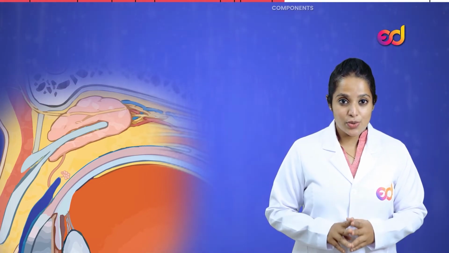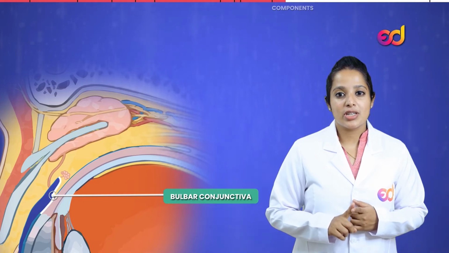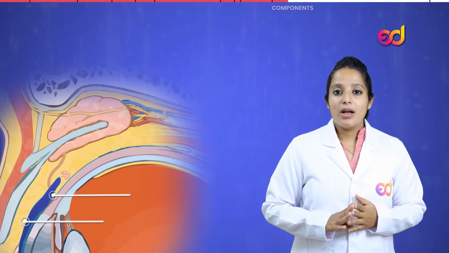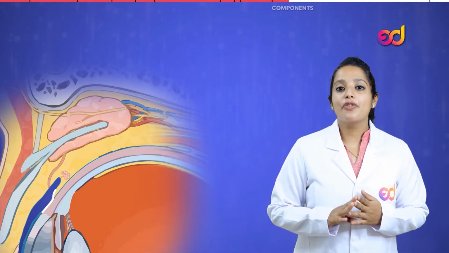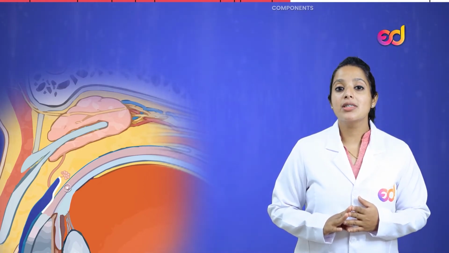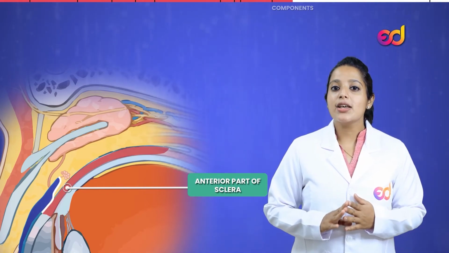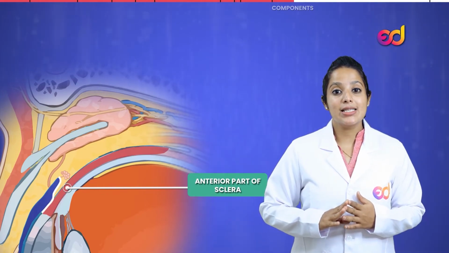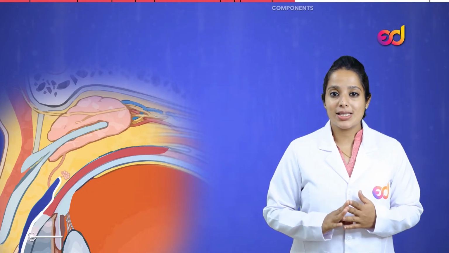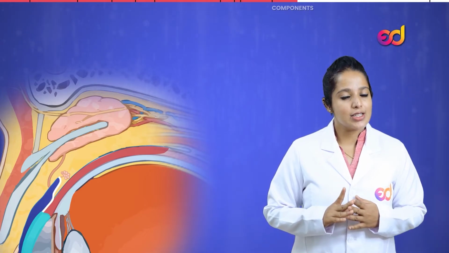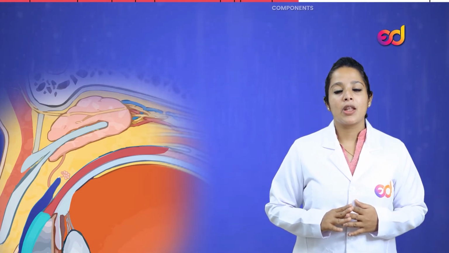It has two segments, the bulbar conjunctiva and the palpebral conjunctiva. The bulbar conjunctiva is the portion of the conjunctiva that covers the anterior part of the sclera, that is, the white of the eye, and it extends till the junction between the sclera and the cornea. Keep in mind that it does not cover the cornea.